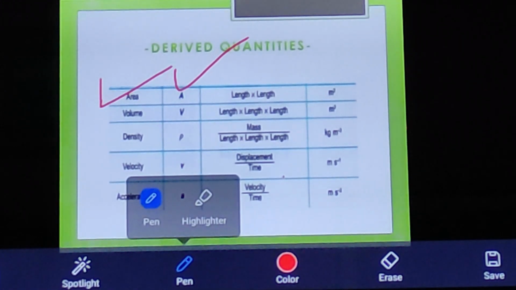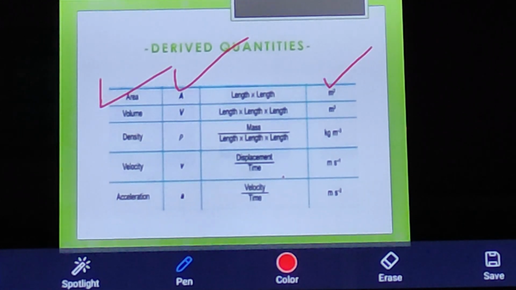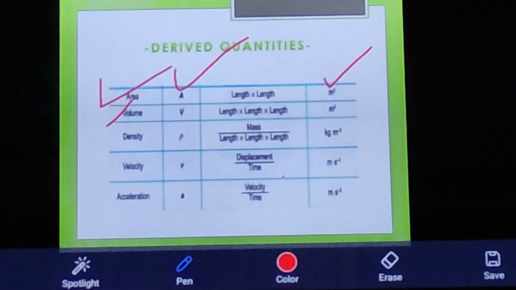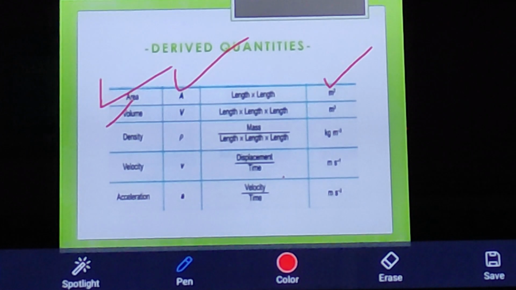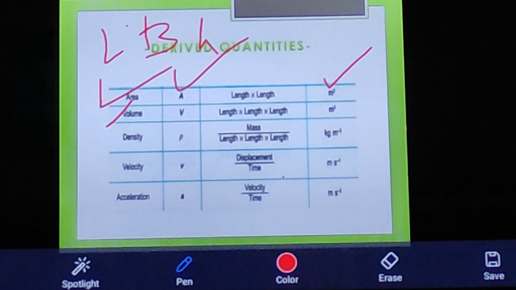Next one is the volume. What is volume? Consider you have a cube. A cube has some length, some breadth and some height also. So three parts are present: first length, second breadth, and third height.